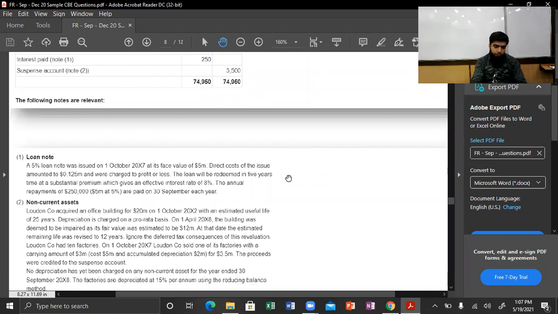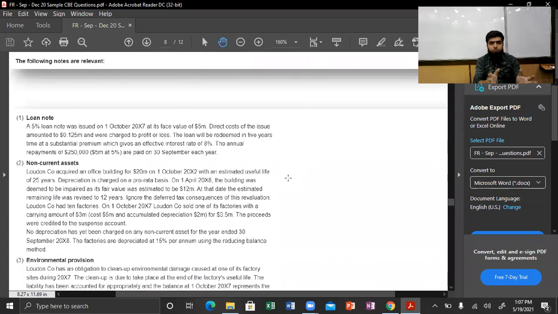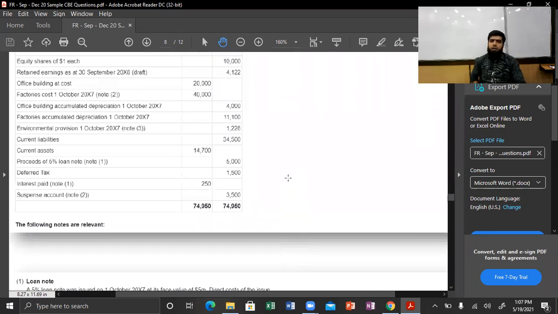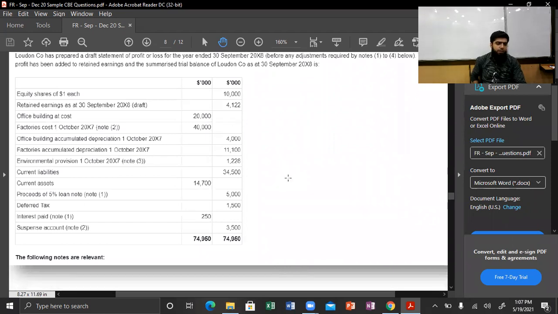It means we need to adjust these adjustments, and we need to adjust the profit figure. But the question is whether the unadjusted profit is given or not. If you look at the trial balance, we have certain account balances like equity shares and retained earning, as at 30th September 2008. It's a draft retained earning.